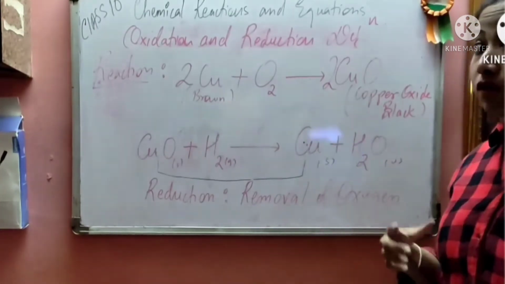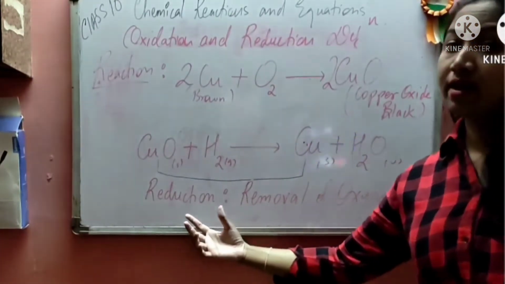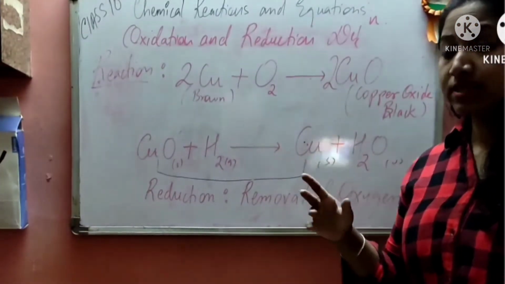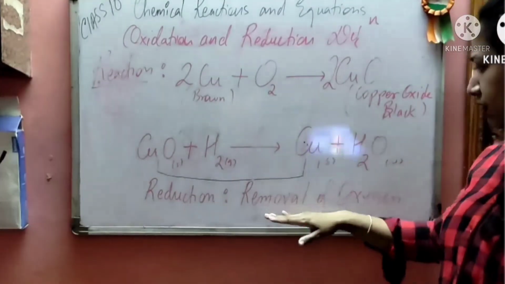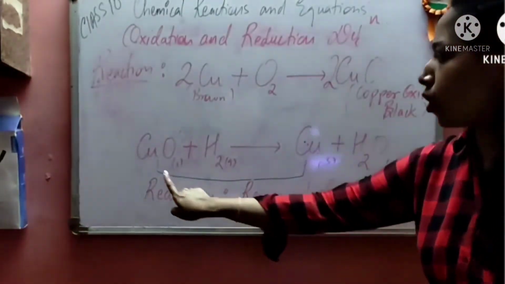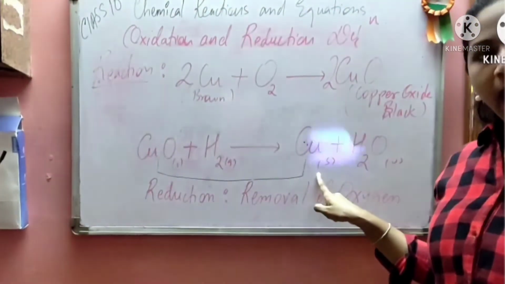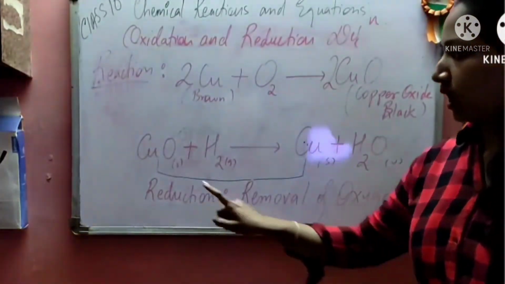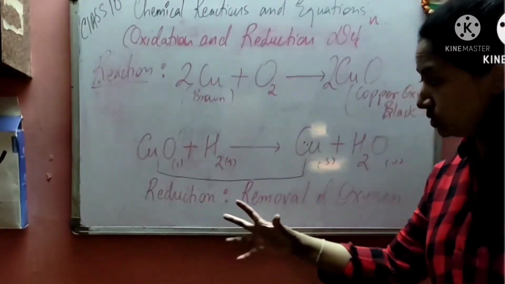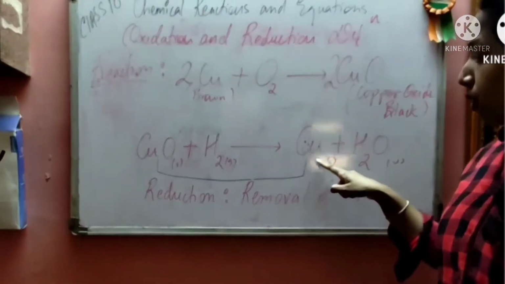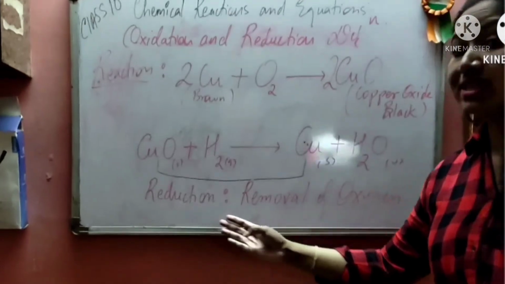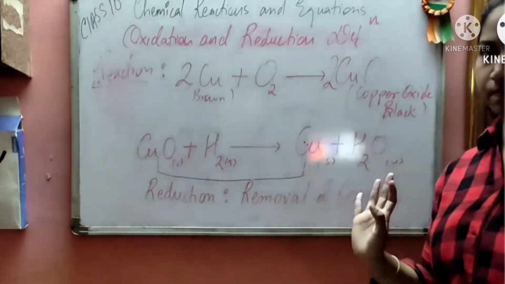When there is removal of oxygen, that means reduction. Reduction is removal of oxygen. So copper oxide is undergoing reduction and forming copper.